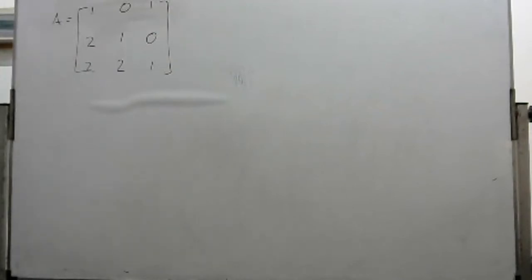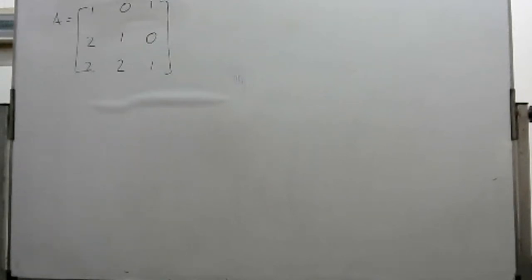So we have a matrix like this. You want to convert this matrix into an upper triangular matrix U by finding two elementary Hermitian matrices.